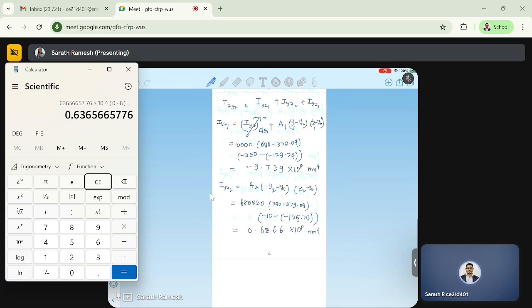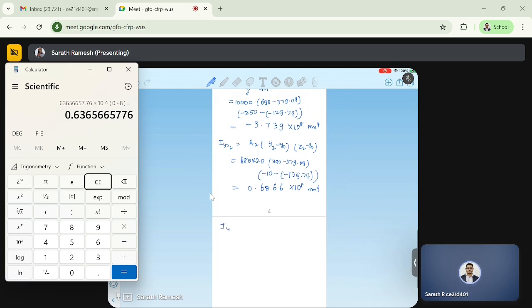And what is IYZ3? A3 times y3 minus y naught times z3 minus z naught. If anyone is solving along while listening, it is better to write in parallel so that you can catch any mistake I make here.